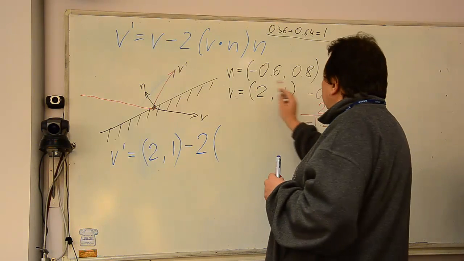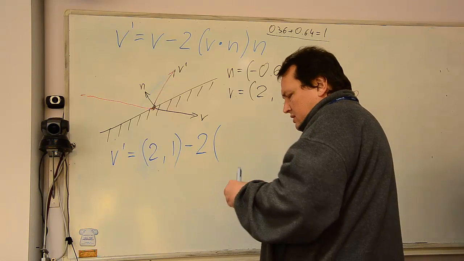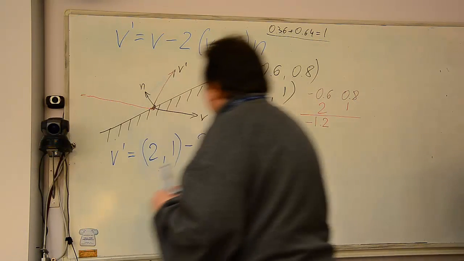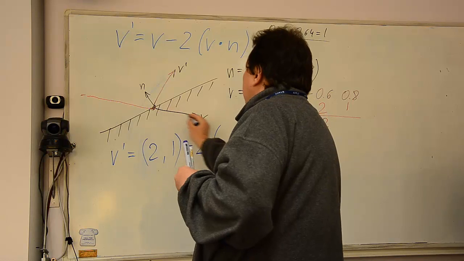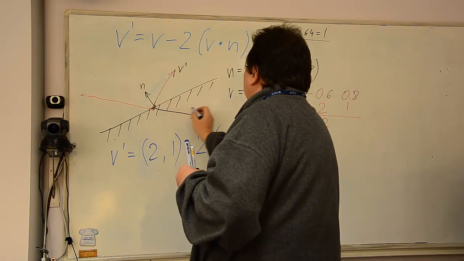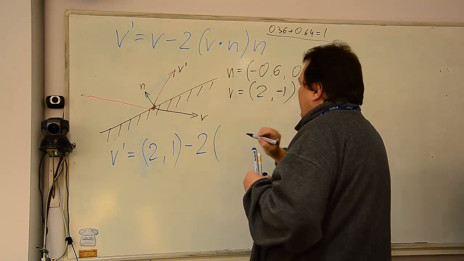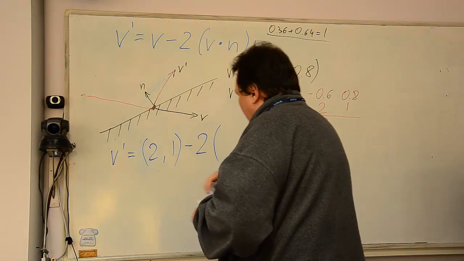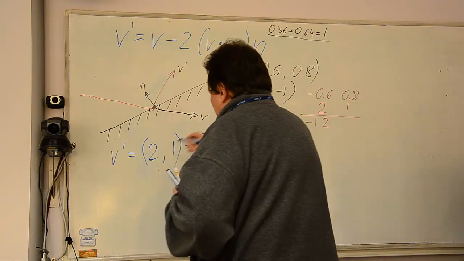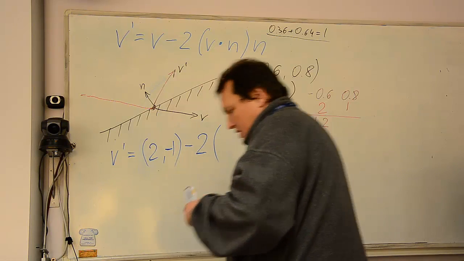I've just noticed that this velocity on our picture is going slightly down, so these coordinates will be rather (2, -1). Sorry for this confusion.